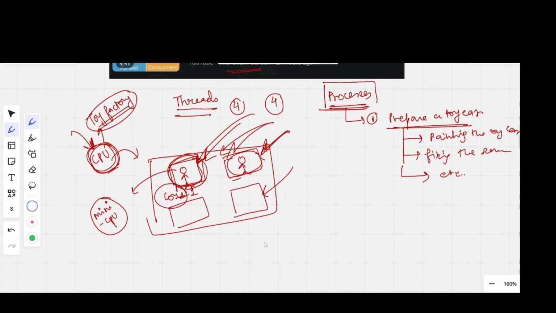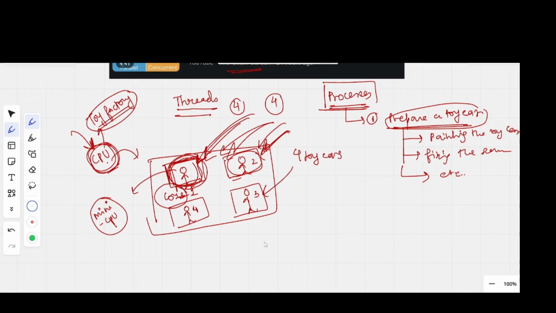Now these cores are like independent workers in the factory. I told you that our CPU is the toy factory, then these cores can be considered as independent workers. For example, this is worker 1, this is worker 2, this is worker 3, and we have worker 4, right? So one worker can do one task of preparing a toy car. So when I say that tasks can happen parallelly when you have multiple cores, that would mean that at a time this factory can prepare 4 toy cars.